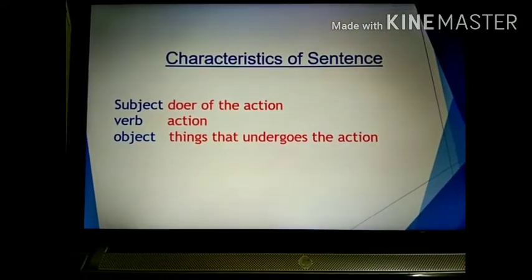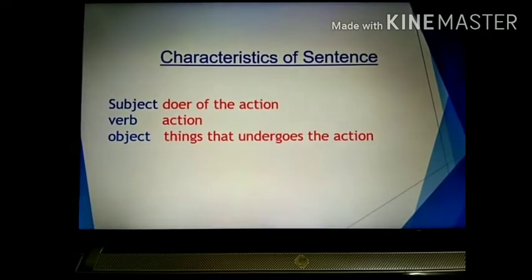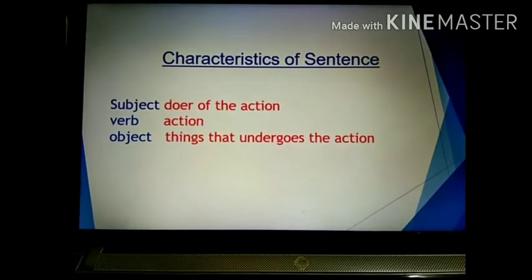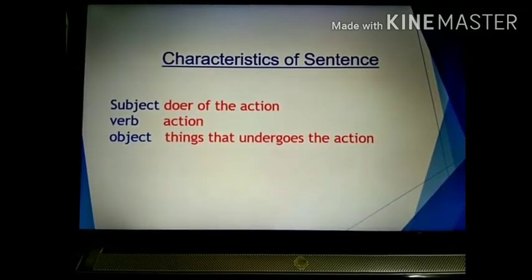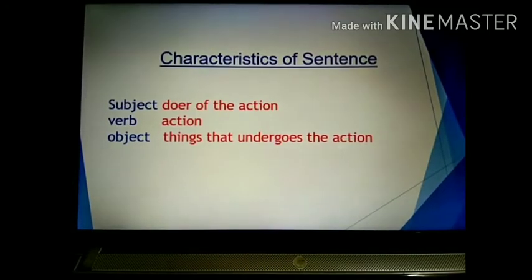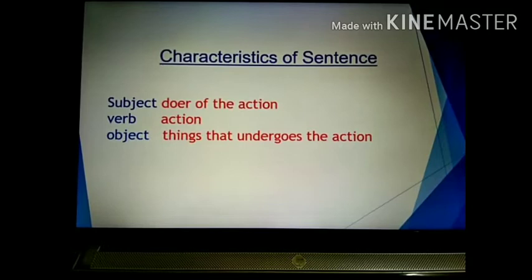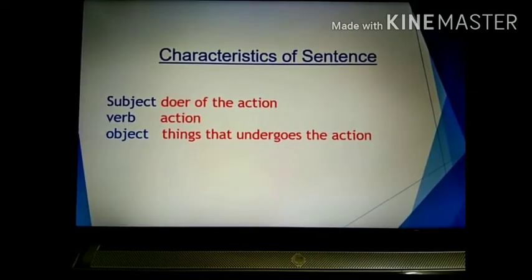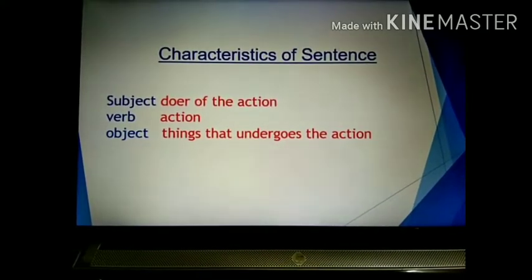Now let us talk about characteristics of a sentence or essentials of a sentence. A sentence must contain an action word, that is verb. A sentence also contains a subject or the doer of the action, and sometimes a sentence also contains an object, that is the person or thing that undergoes the action.